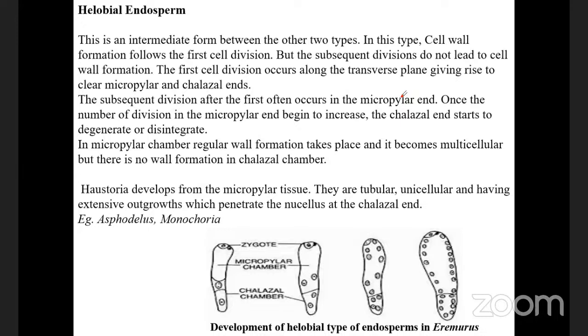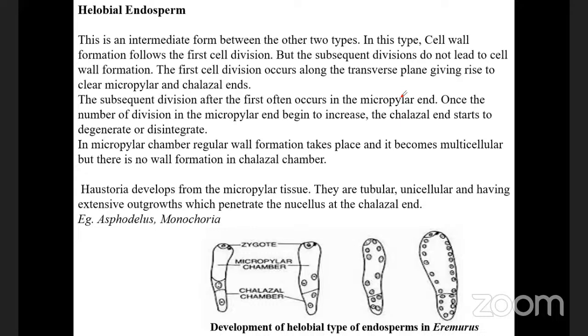And then the helobial endosperm. There is an intermediary. That means at the chalazal end, immediately after the nuclear division, cell division is taking place. Whereas at the micropylar end, a free-nuclear space is there.